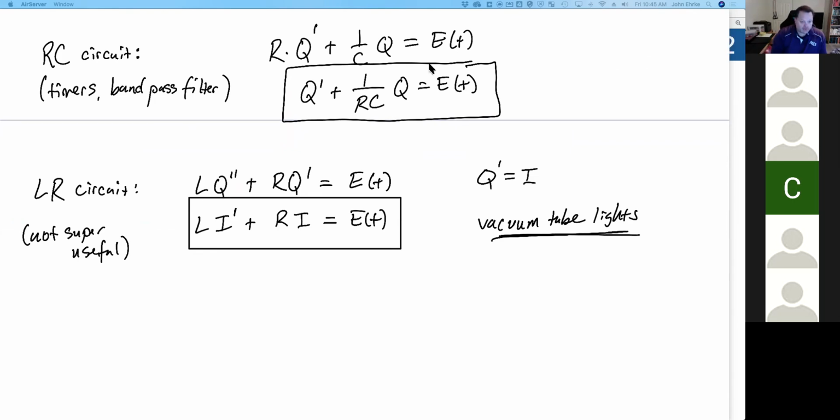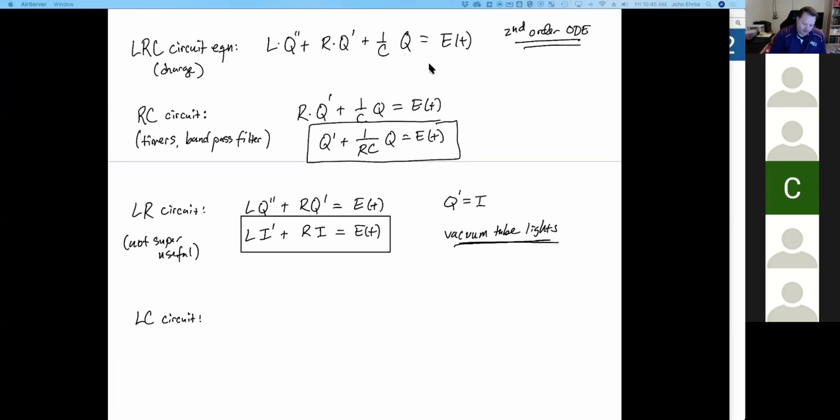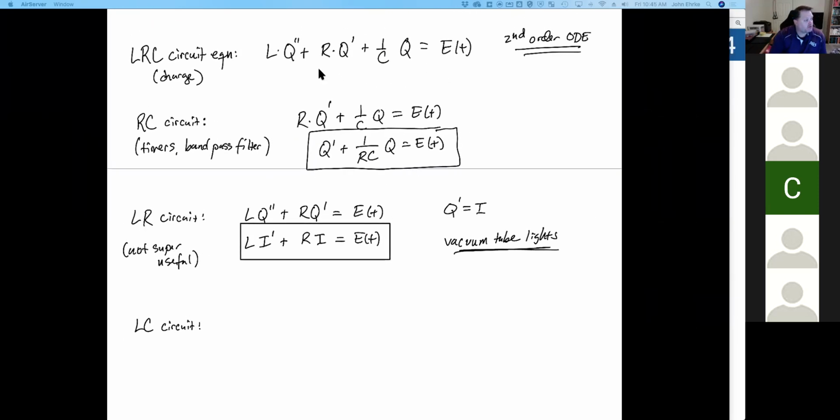What about the final kind here that I want to talk about? Let's just talk about an LC circuit really quick. An LC circuit would have what kind of equation? You'd get rid of R, and you'd have LQ double prime plus 1 over C Q equals E of t, which is Q double prime plus 1 over LC Q equals E of t, typically how you see these written.